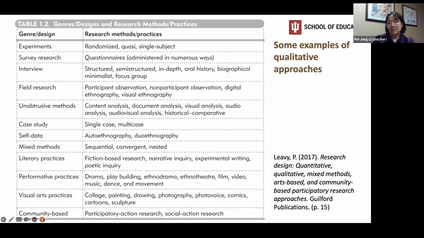I think these are more contemporary, where researchers try to conduct their research in a more, for example, fiction-based way or through poetic inquiry, and performative or visual art practice, where visual forms of data are included as part of the data and also as their representation, such as collage, performance, theater, and also community-based research that engages with action research or participatory action research. So these are just a few examples of qualitative approaches.